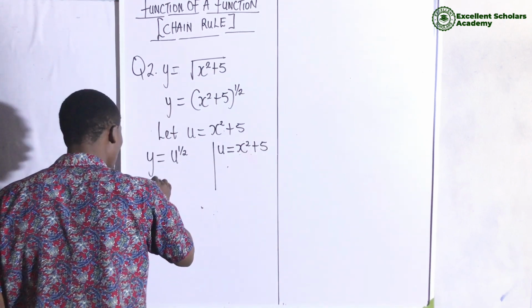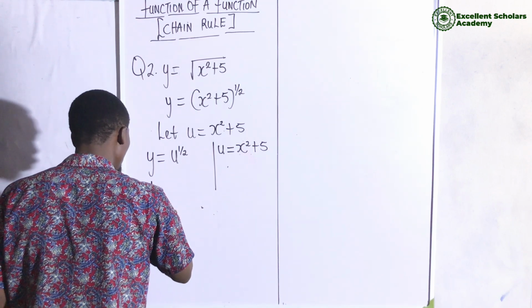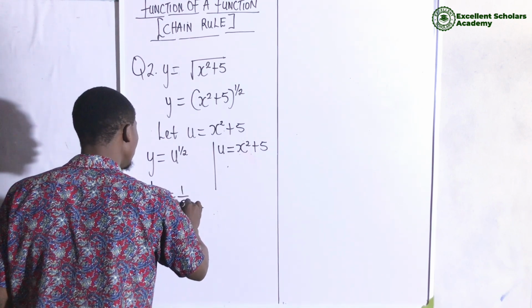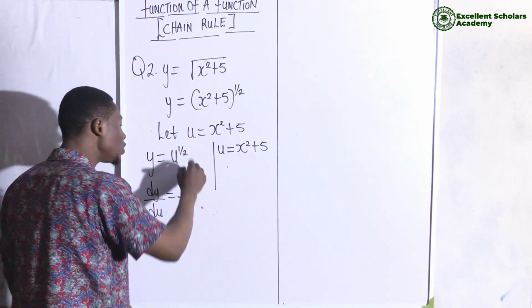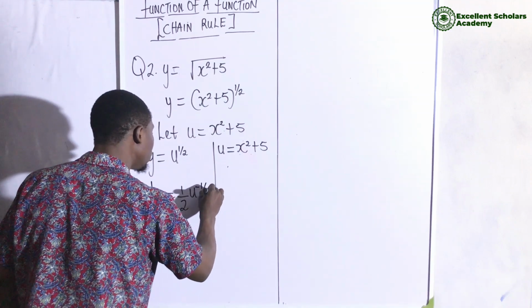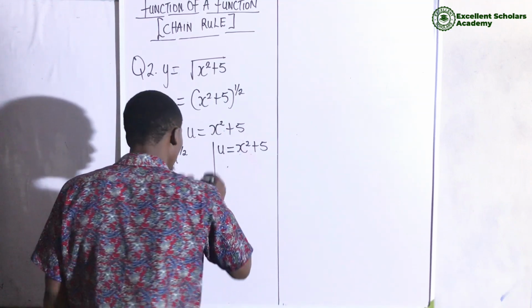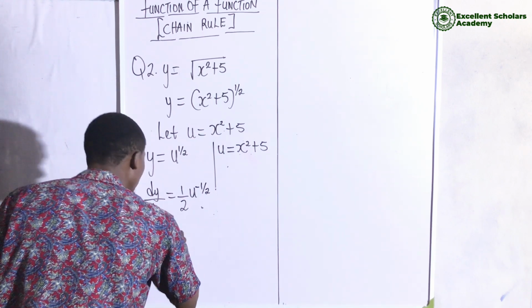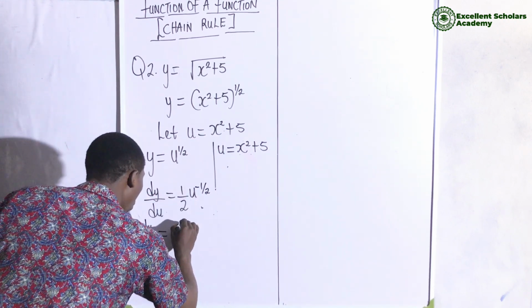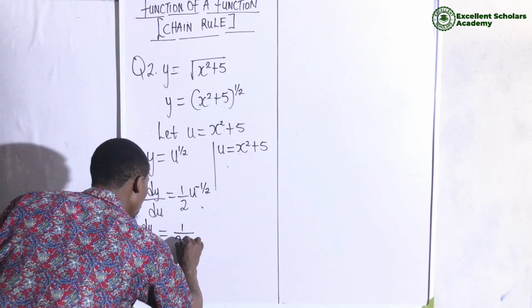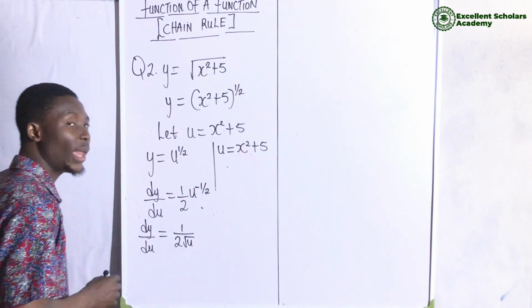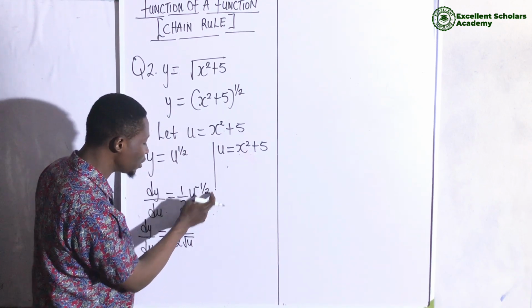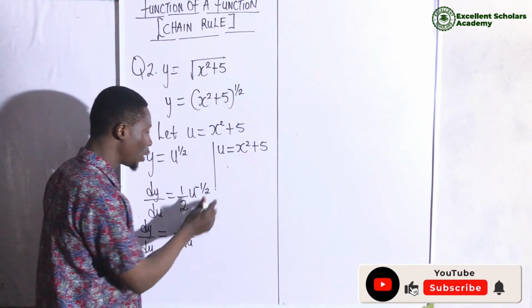Differentiating here, you have dy du equal to 1 over 2 u, subtract 1 from the power, you have minus 1 over 2. Which can also be written as dy du equals 1 over 2 root u. Because of the negative power, this comes down, and this is what we are going to have.